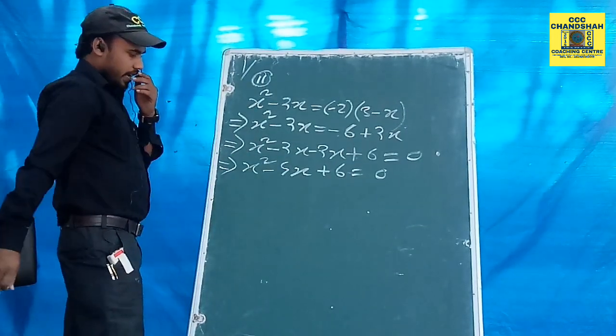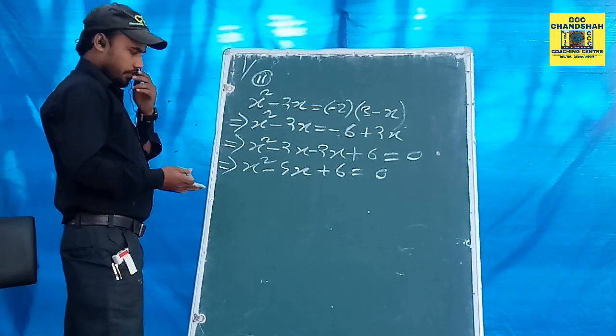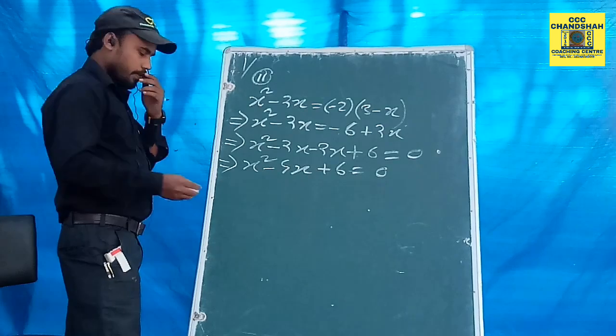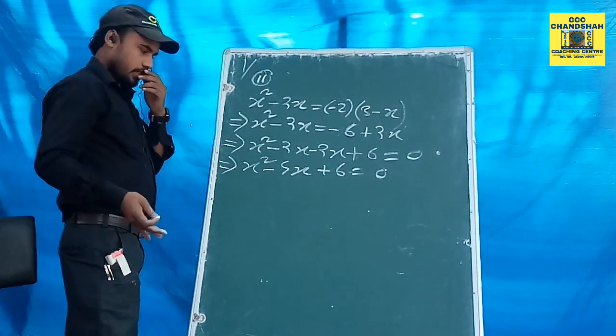So we can say that it's a quadratic equation as it's of the form x square plus bx plus c is equal to 0.